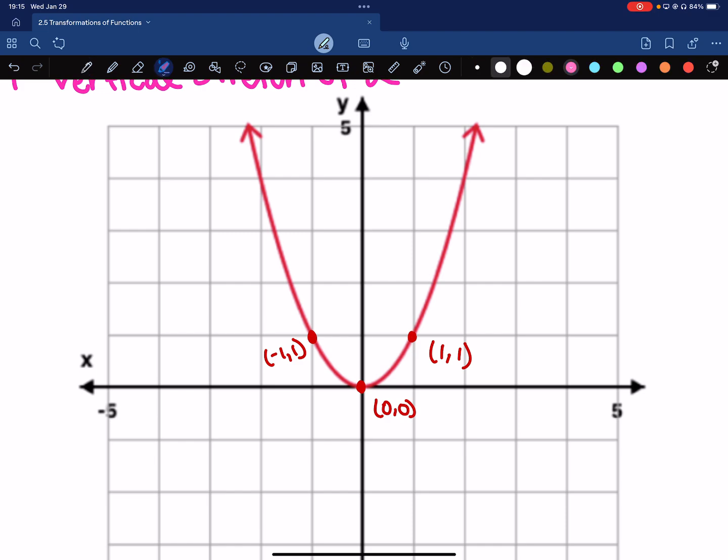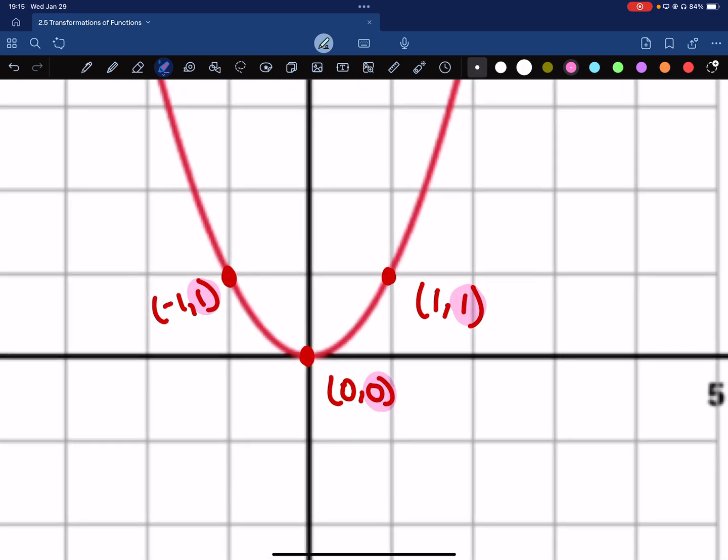So this y value, this y value, and this y value are being multiplied by 2. X is staying the same. So when we multiply 1 by 2, that means I'm going to have a new point at (-1, 2).